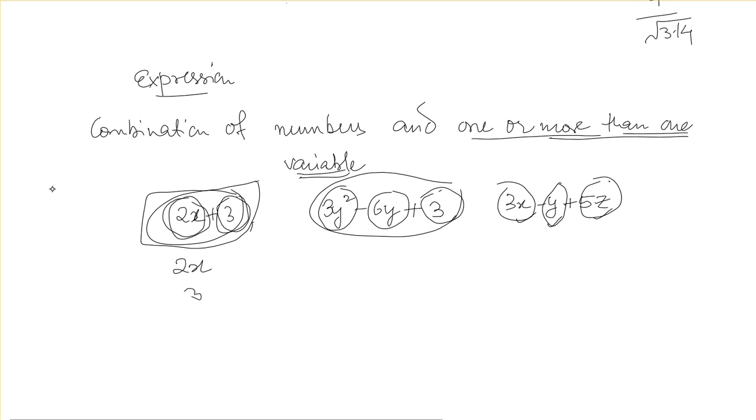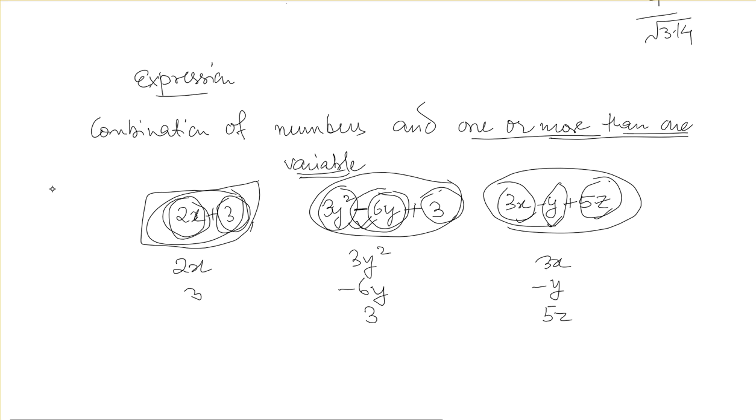In this expression, our first term is 3y square and second term is, no, minus 6y. This term comes with this operator minus sign, minus 6y. Third term is 3. In this expression, first term is 3x, second term is minus y, third term is 5z.